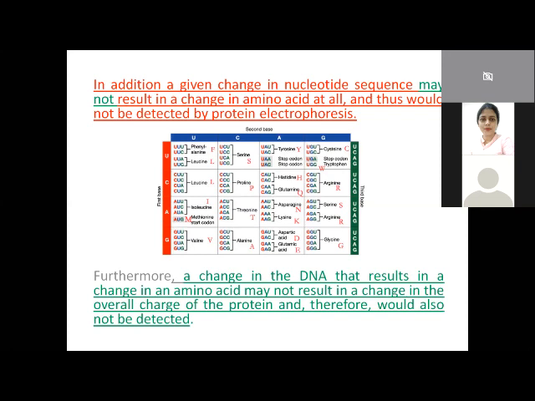So at the 7th position, two isoforms, one has aspartic acid and another has glutamic acid.